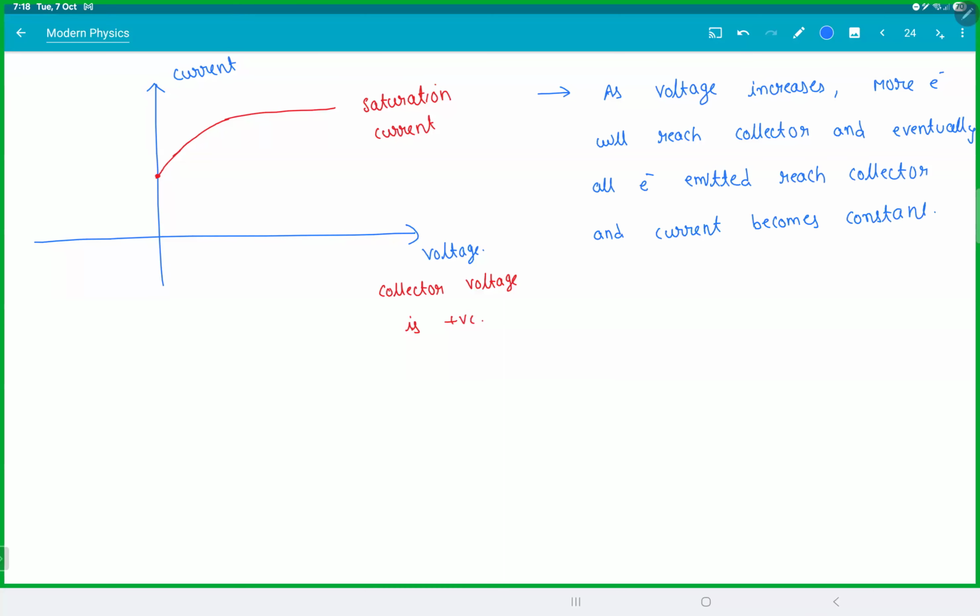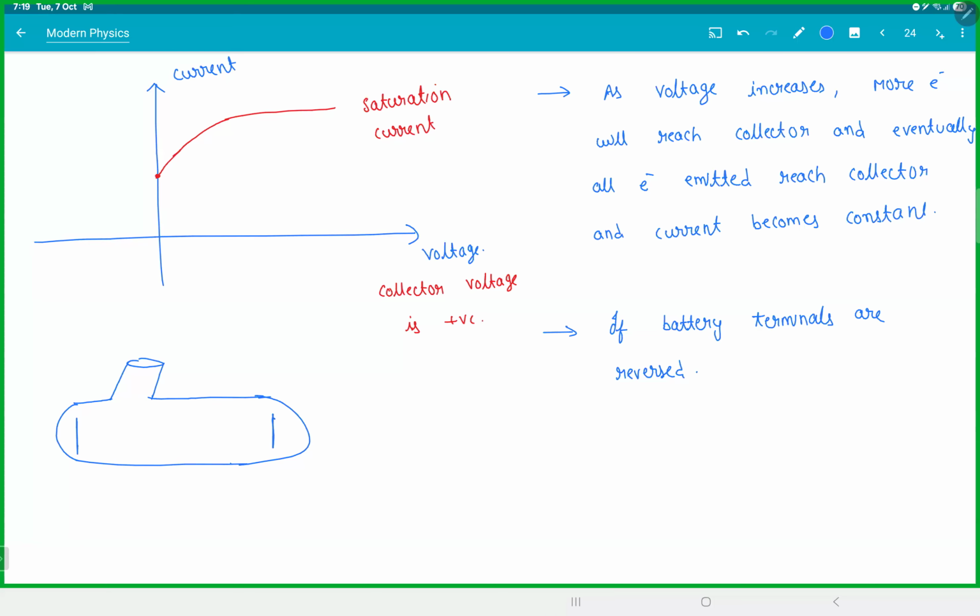What happens if you reverse the battery terminals? Means if you make the collector plate negative, now see, if I just try to draw the picture, means you're making this plus, this minus.